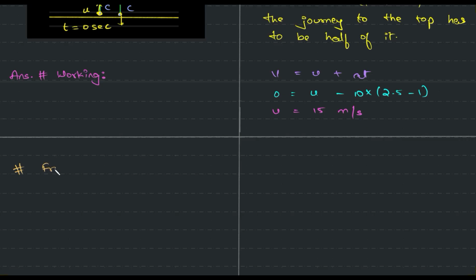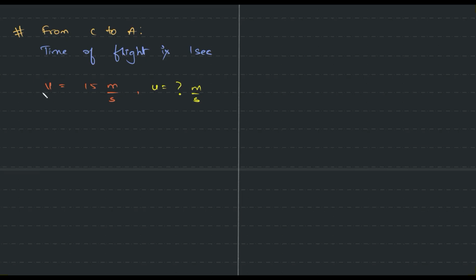So from C to A, the time of flight is 1 second. And we know the final velocity over there, so it's 15 meter per second. The initial velocity we don't know. That's what we are trying to figure out. And the time is 1 second.